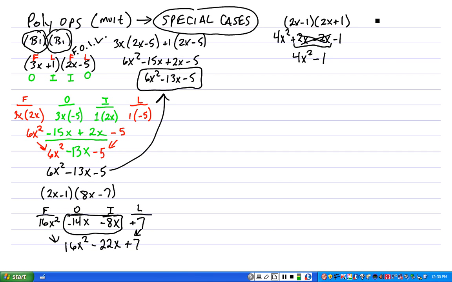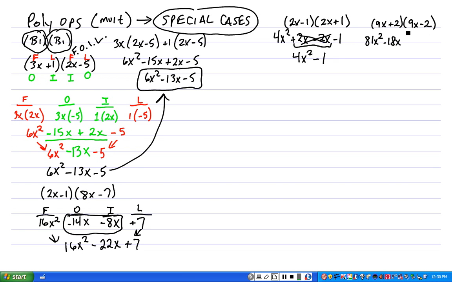Let's try another one. Let's say 9x plus 2 times 9x minus 2. First and first, 81x squared. Outside, minus 18x.